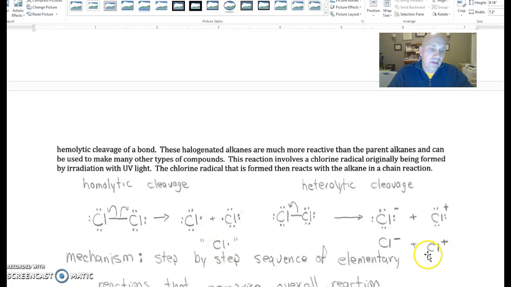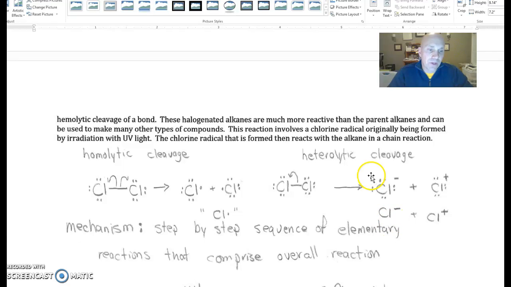Let's compare that to these guys over here. Notice that when you have 8 electrons around the chlorine, that would have a negative charge. That would be a chloride ion, so a lot of times you're just going to draw that as Cl minus. The person would recognize that for a chlorine atom to have a negative charge, it would have to have 4 lone pairs around it, or 8 total electrons. For this guy right here, if we do that formal charge calculation, you figure out that if it's only got 6 valence electrons, that would have a positive charge.